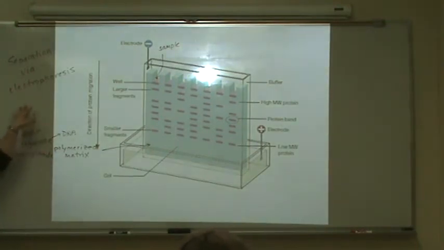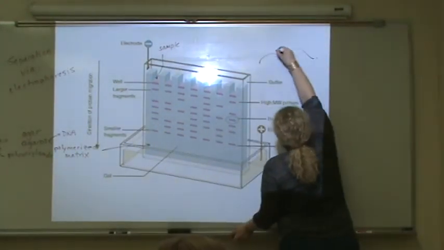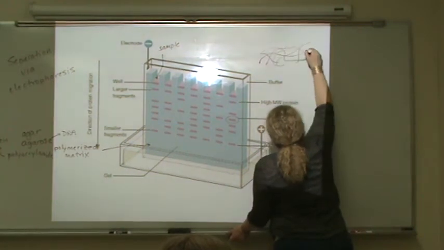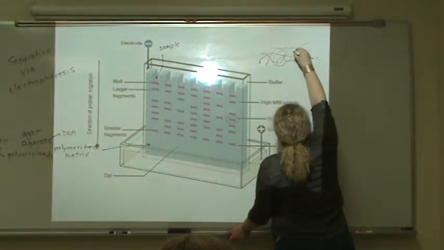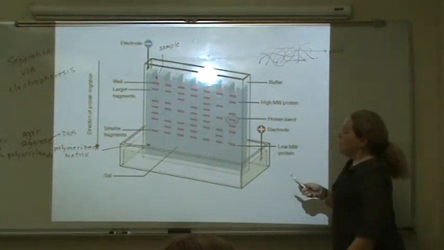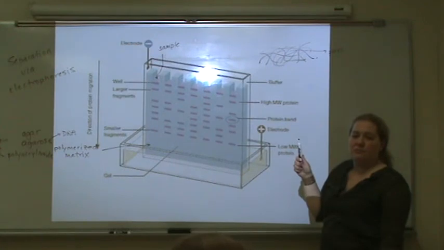So you have a mesh of some substance, and it's got holes, or pores, within it. The more gelling agent you use, the smaller the pores.